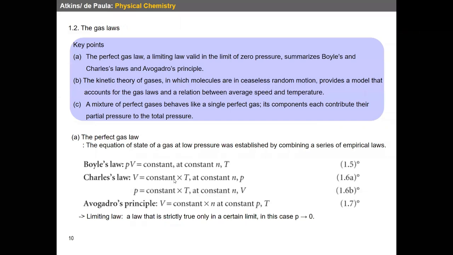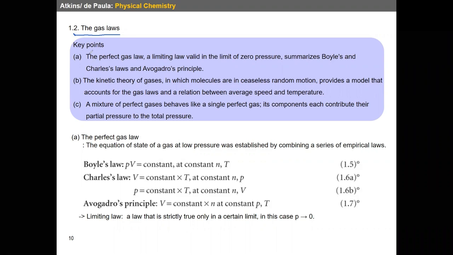Okay, so let's talk about more details about the laws related to gases. From this point, we will talk about the gas law. So what is the key point of this chapter?